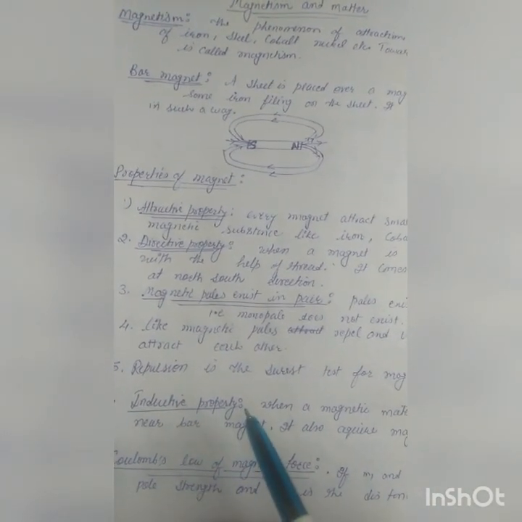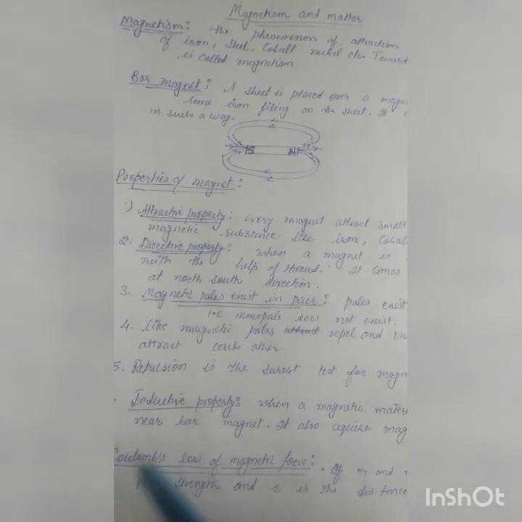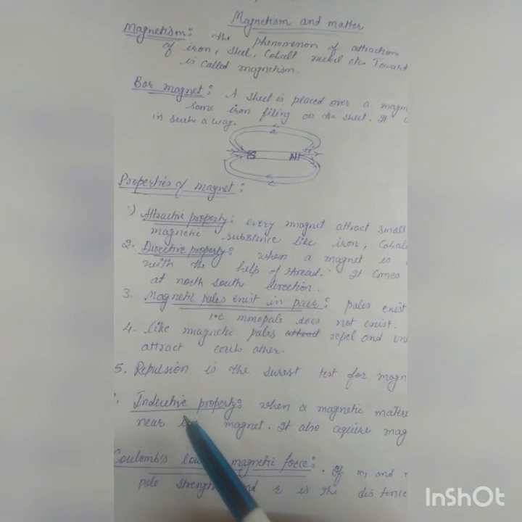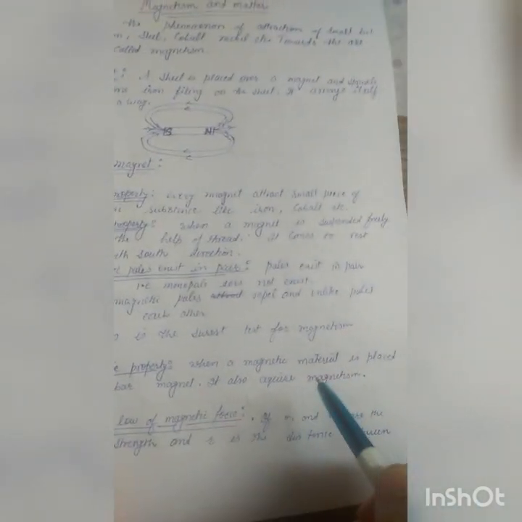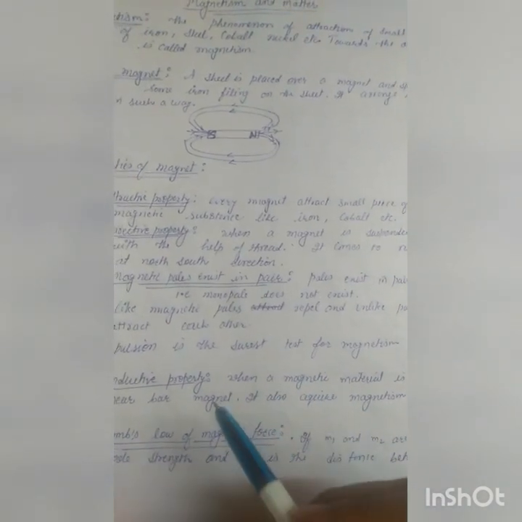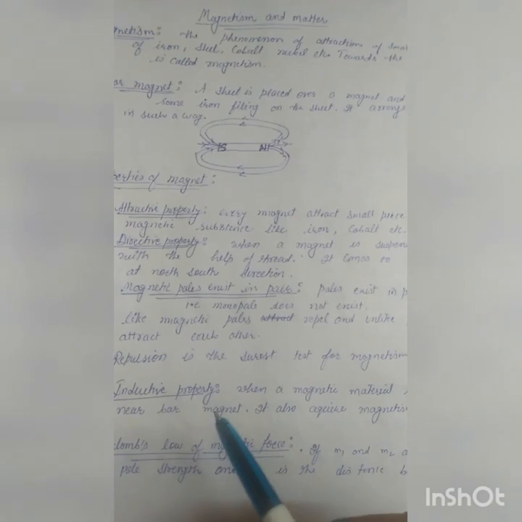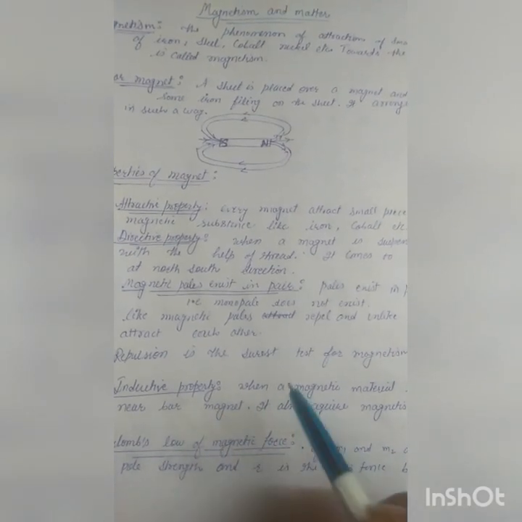Inductive properties: inductive means induced magnetism. When a magnetic material is placed near a bar magnet, it also acquires magnetism. This magnetism lasts as long as the magnet is placed in front of the magnetic material.